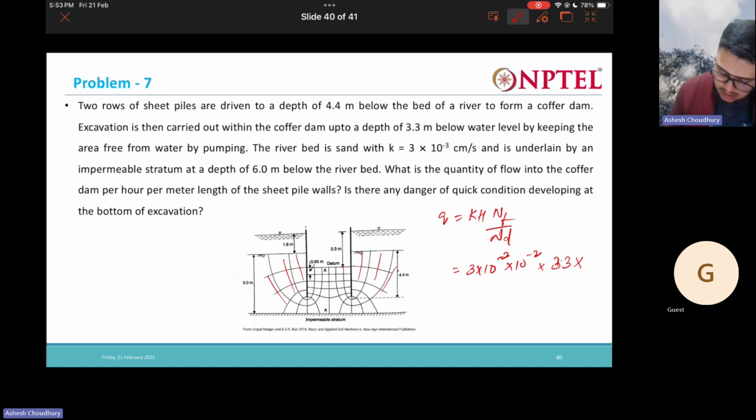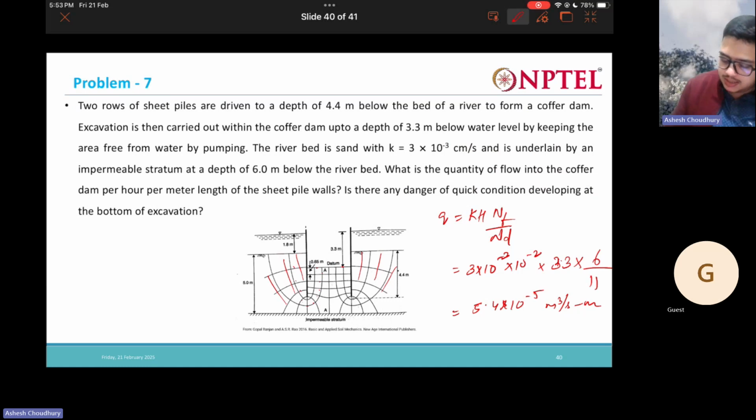Total 6. Number of drops: 1, 2, 3, 4, 5, 6, 7, 8, 9, 10, 11. 11 number of drops. So it will come out as 5.44 into 10 to the power minus 5 meter cube per second per meter length of the wall.